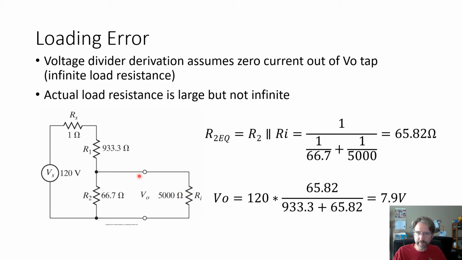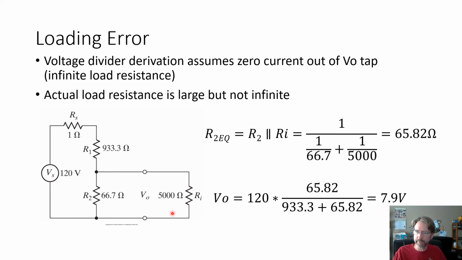So what we in effect get here, when we measure this, is we put a load on these terminals, so that's why it's called loading error. And we essentially get these 2 resistors in parallel now. So instead of our 66.7 ohms, we get these 2 in parallel, which is 65.8 ohms. If you plug that into the equation, you can see we get 7.9 volts where we expected 8 in our original design.